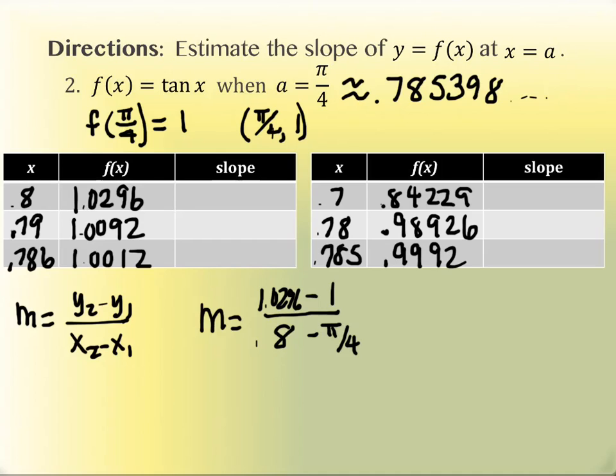Do we have the first one? 2.0271. Does somebody have the second one? 1.999. How about the third one? Does everybody have that value for the second one?